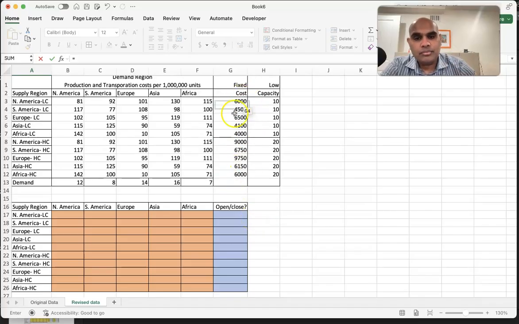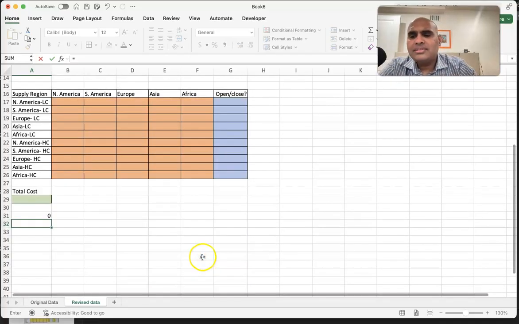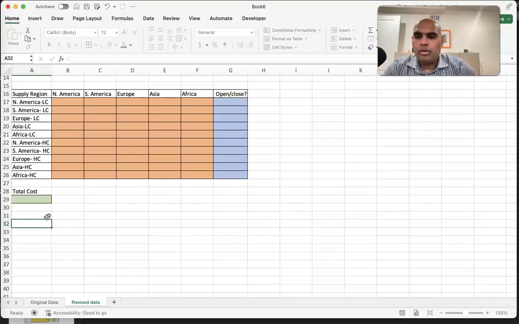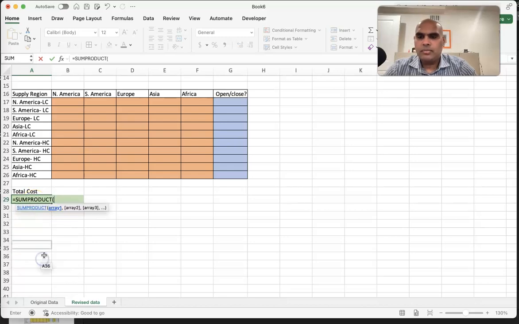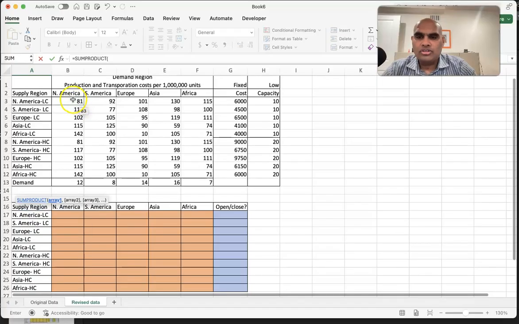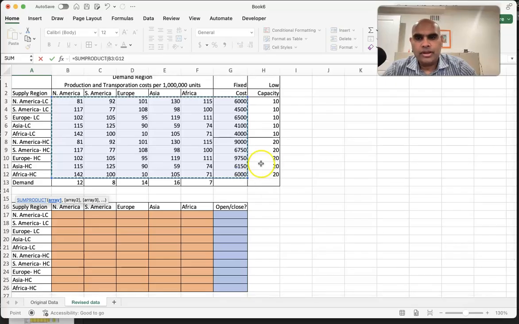So you can write another sum product formula for the fixed cost. You can write a sum product formula for fixed cost, you can write a sum product formula for variable cost, and you can add them together, or you can write a single sum product formula. This way you can just say sum product of all the cost values, these are the variable cost values and the fixed cost values, right?